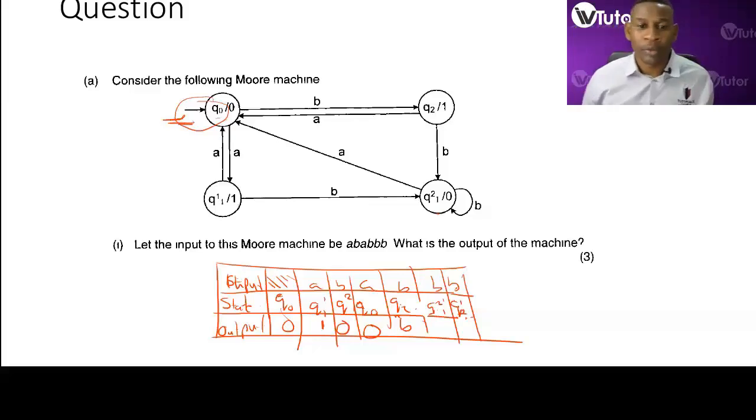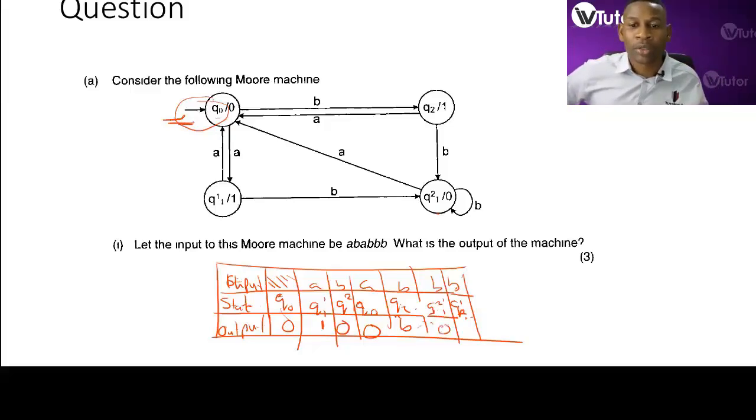Right, so we've got Q0 is 0, Q1 is 1, Q2 is 0, then A, Q0 is 0, Q2 is B, then here we're saying Q21, what is Q21?